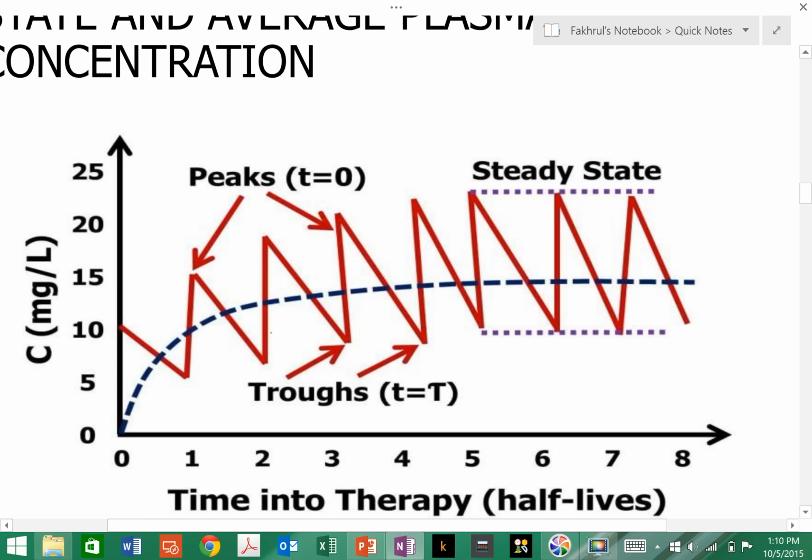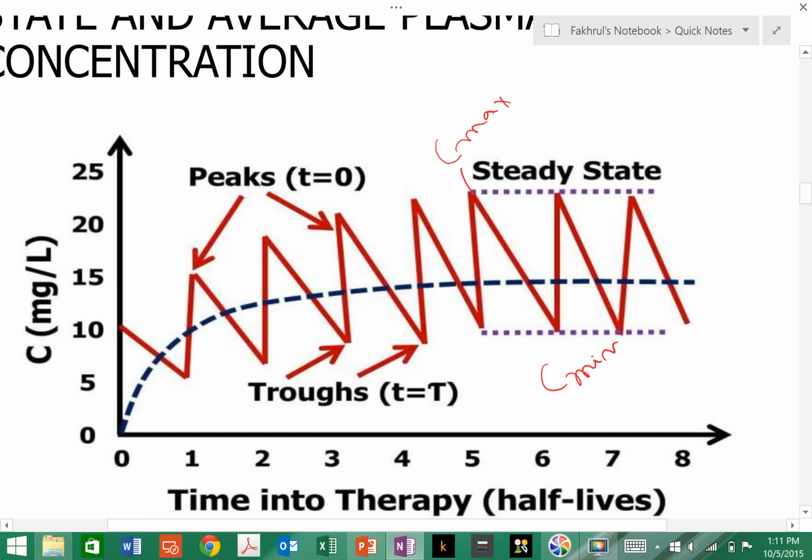If you continue to administer the fixed dose, you will see drug concentration will fluctuate between a maxima, which we call Cmax, and a minima called Cmin.